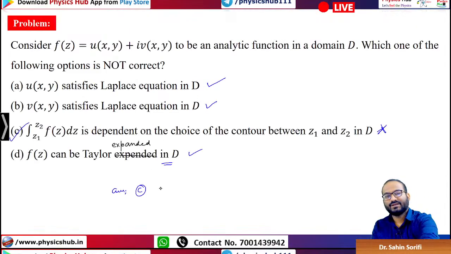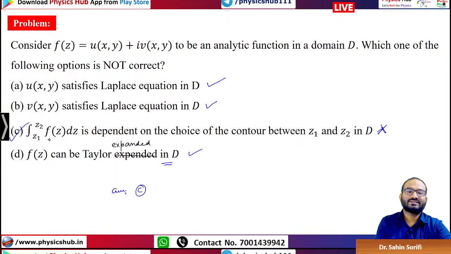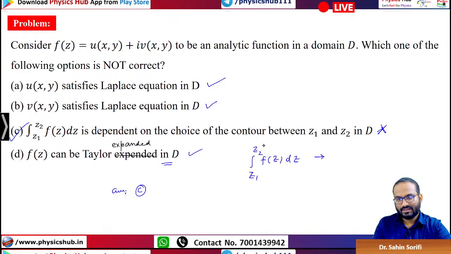Option C: if f of z is analytic, then the integral from z1 to z2 of f of z dz depends only on the initial and final points, the values of z1 and z2.